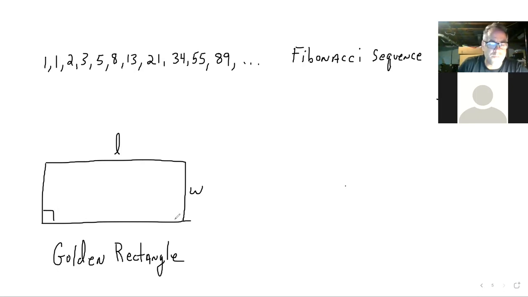So what makes it golden? And more to the point, the viewing rectangle that we see the world out of our eyes is golden. So what makes it golden? When the length divided by the width, the ratio of the length to the width, is about 1.62.